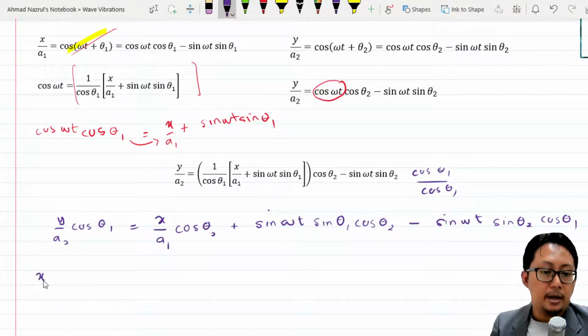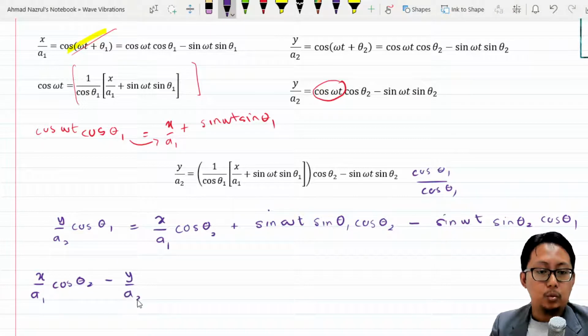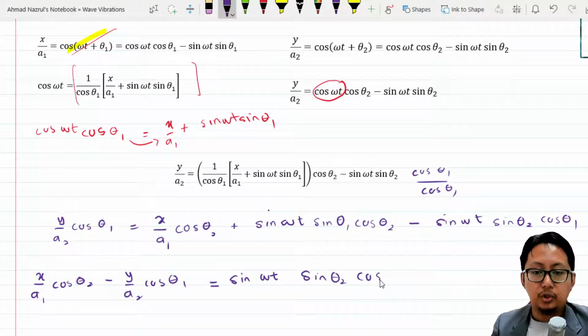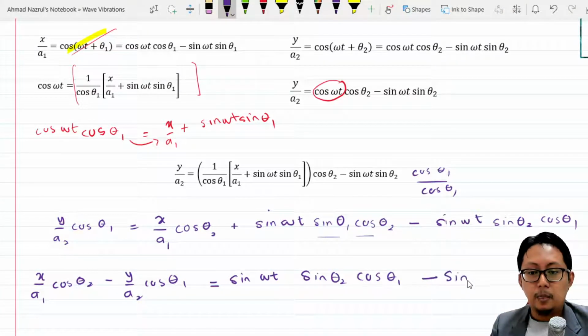So we have x over A1 cos theta 2 minus y over A2 cos theta 1 equal to, we start with this, this will be positive, sin omega t sin theta 2 cos theta 1 minus sin omega t sin theta 1 cos theta 2. We have the same sin omega t factorized.